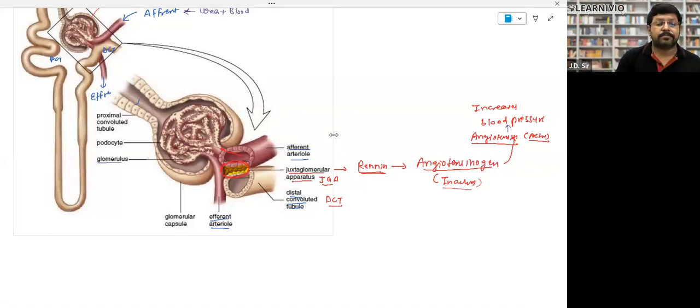Renin converts angiotensinogen into angiotensin, right?